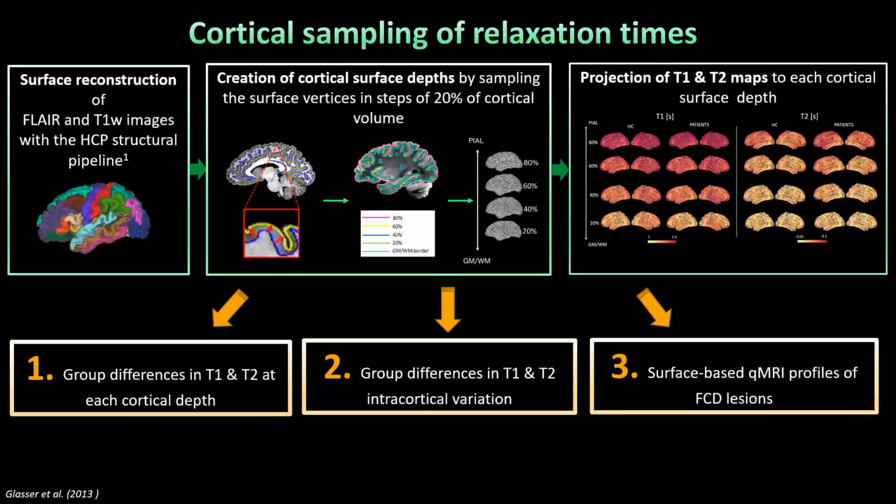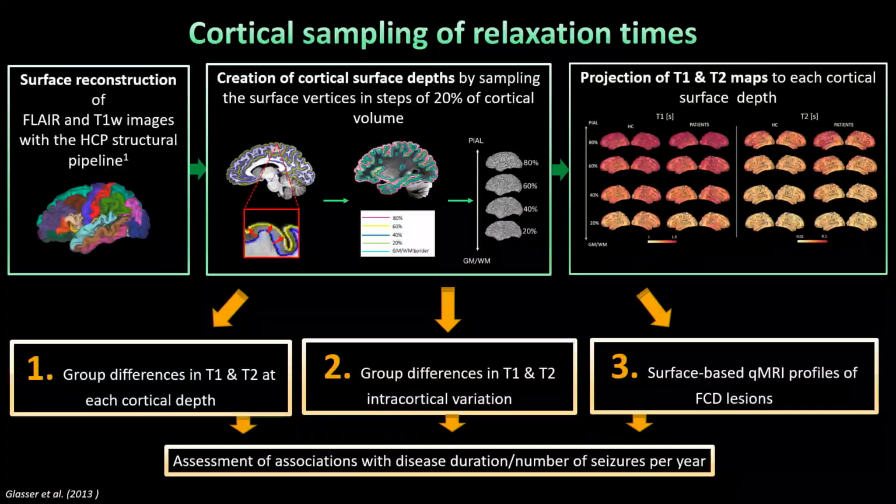And finally, for those 7 patients that had visible cortical lesions, we wanted to compute a QMRI profile of these lesions across the different depths. For all of these questions, we also assessed whether we could detect associations with clinical variables, and for this we used disease duration and number of seizures per year.